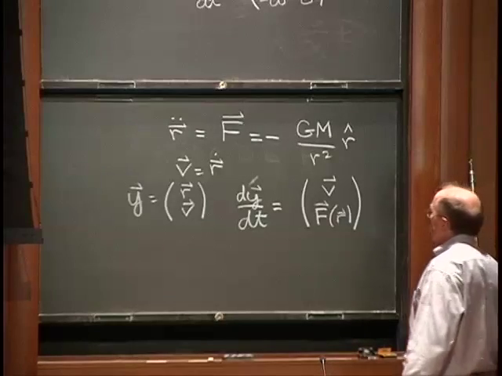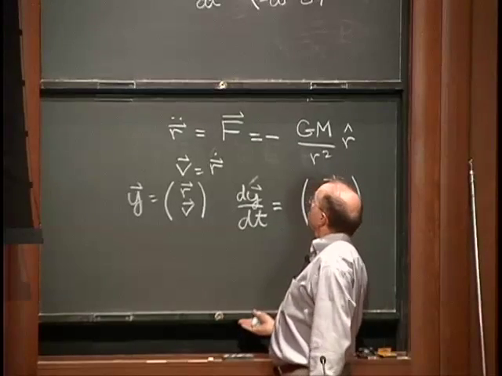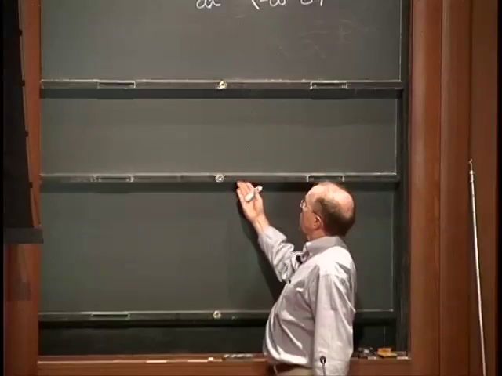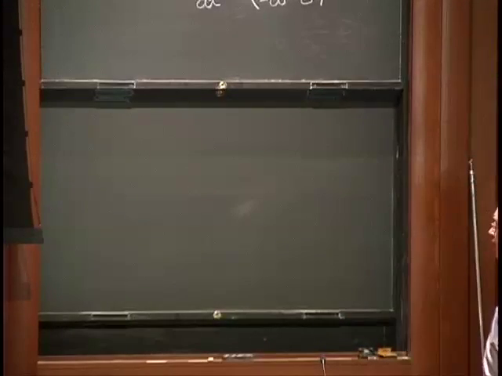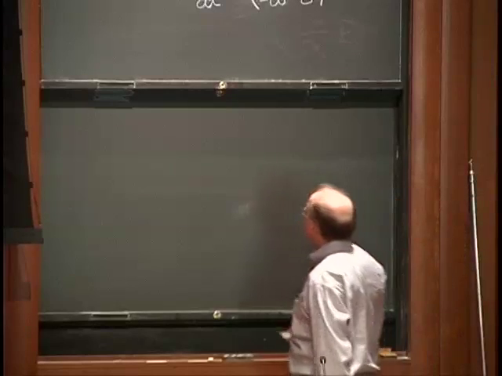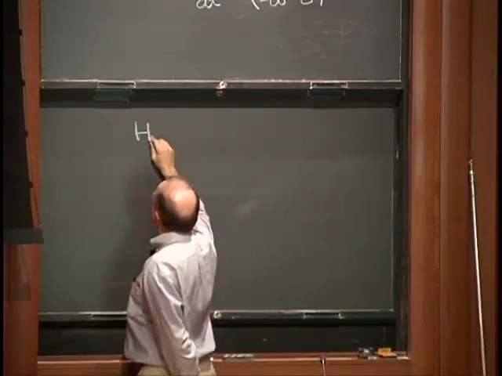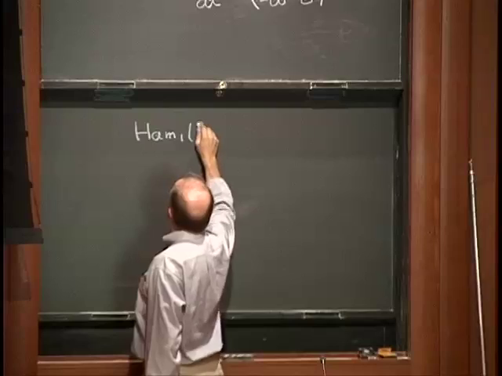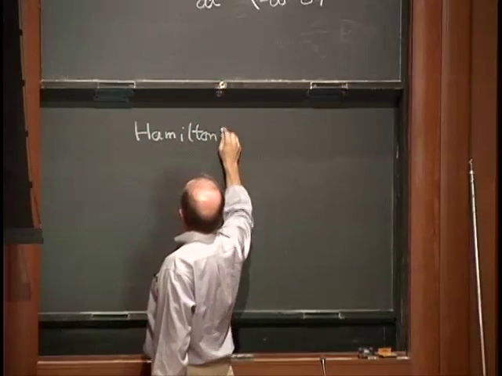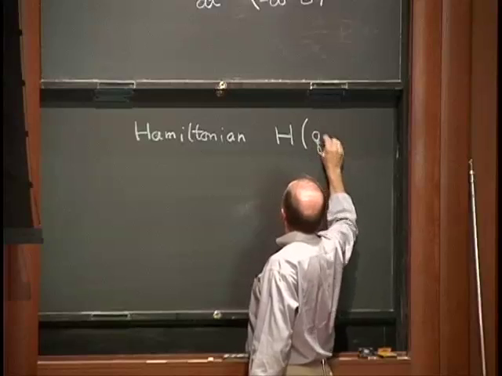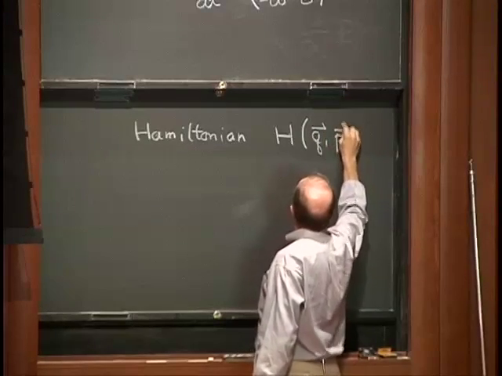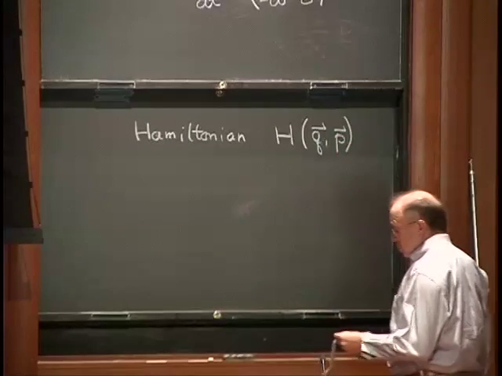More generally, most of the systems that I described up there can be thought of as being described by a Hamiltonian, H, which is a function of some generalized coordinate and generalized momentum.